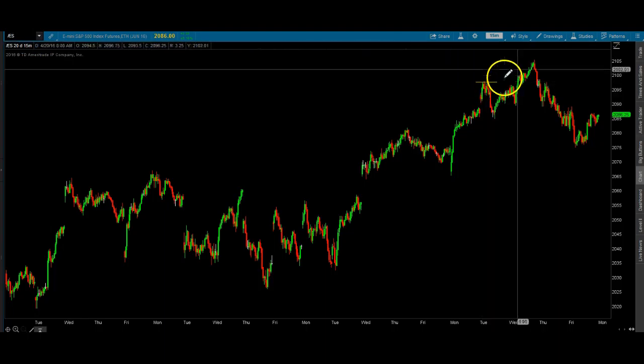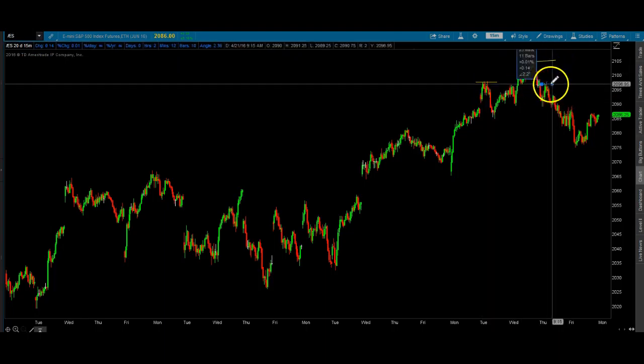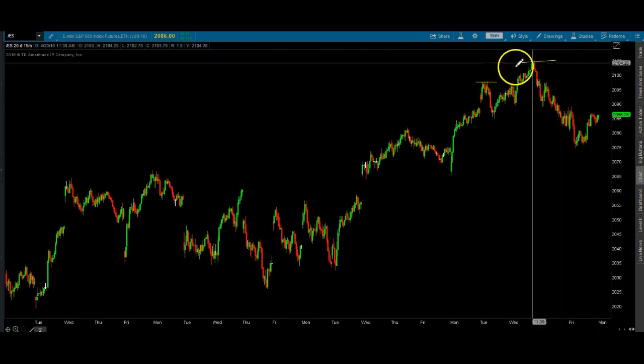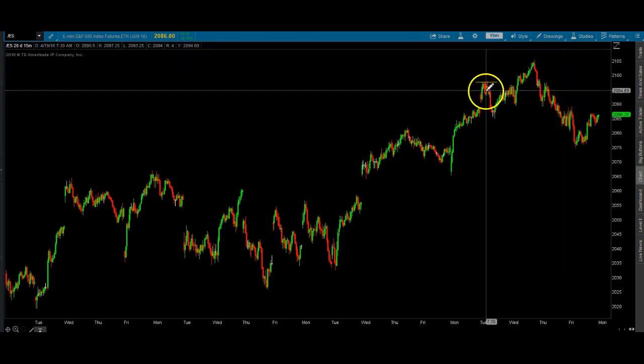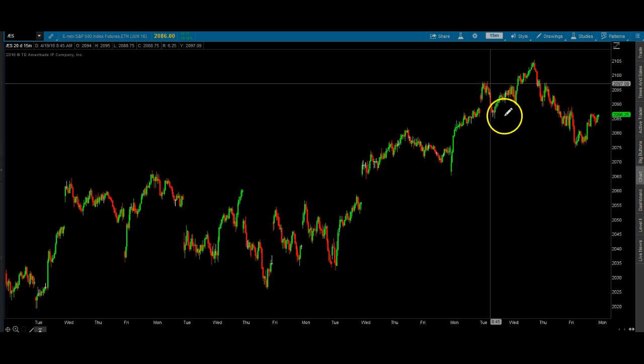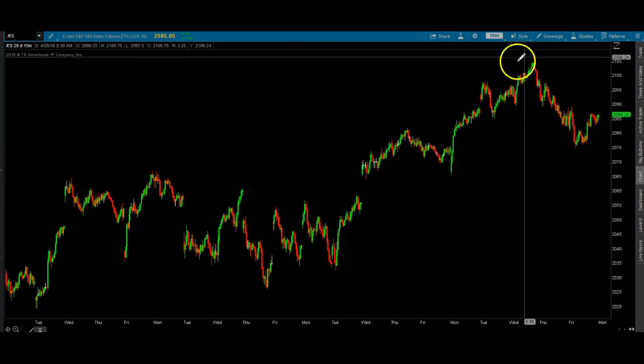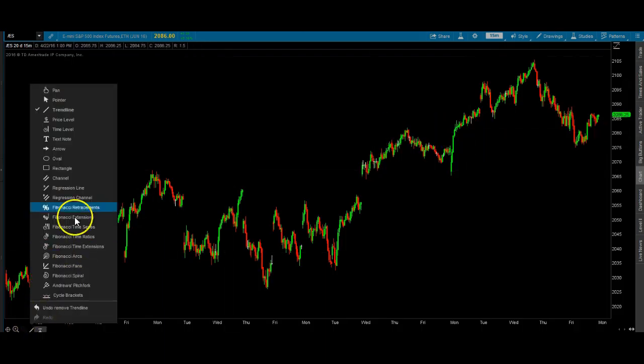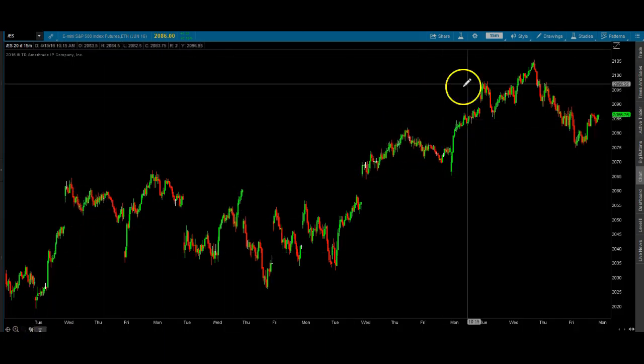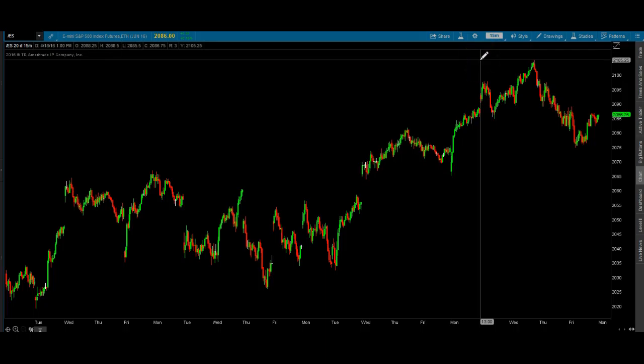You could say shoulder, head, shoulder. Well, what I like to do is I like to be able to spot these, but I actually don't play them, if that makes sense. I don't play the patterns themselves. What I do is I play the targets of the patterns.